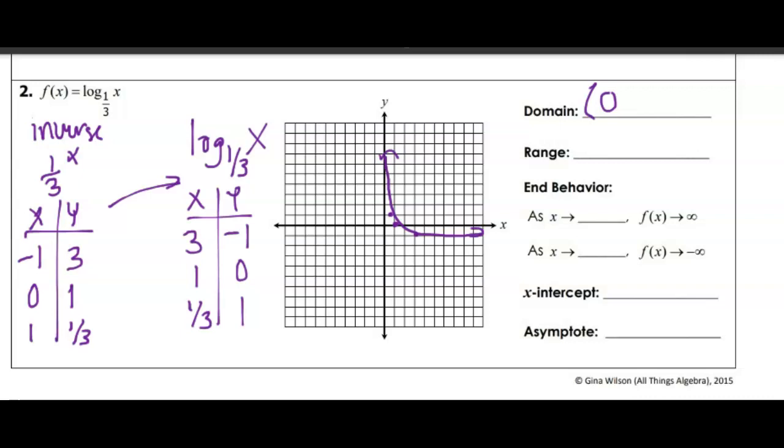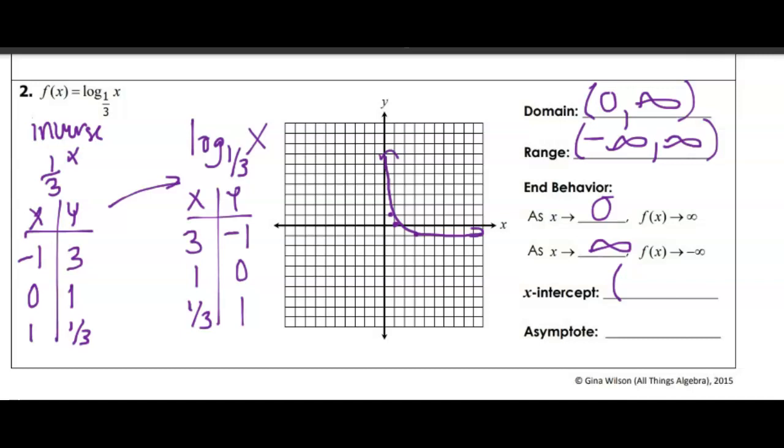The domain here is going to be 0 to infinity, and the range is -infinity to +infinity because it continues to decrease as you go to the right. It increases this time as you go towards 0 from the right. And then it goes to -infinity as you approach +infinity.